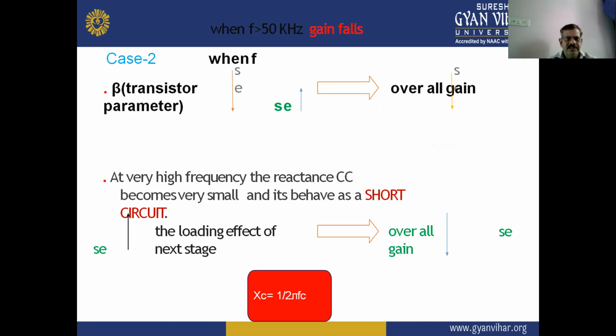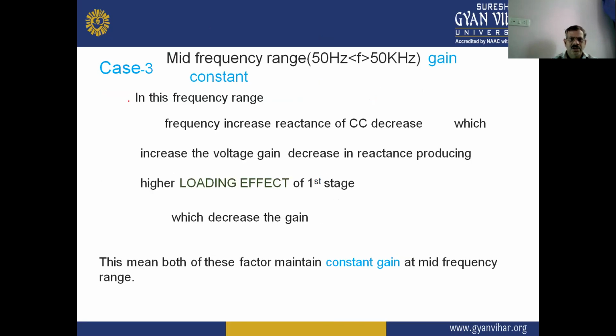And second case, at very high frequency, the reactance of CC coupling capacitor becomes very small and it behaves as a short circuit. So the loading effect of next stage. Next case third, the mid frequency range between 50 Hz to 50 kilohertz gain constant.